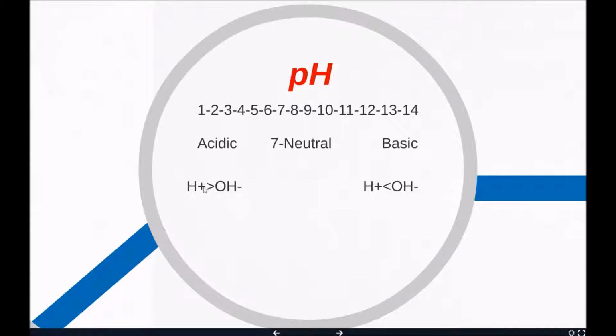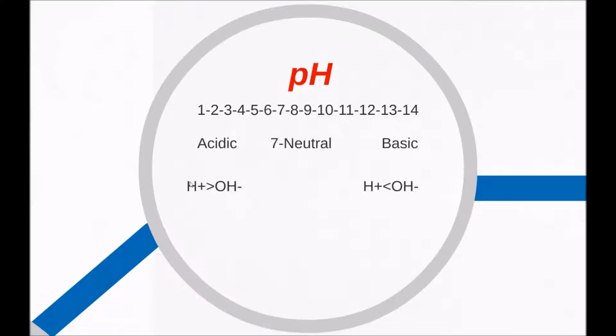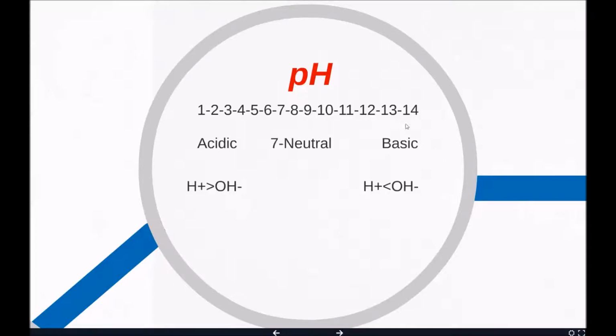So, as seen here, there are more protons than there are what are called hydroxide molecules, and this is when the water molecules are split apart and you get H plus, which is just the hydrogen atom without its electron, which is just a proton since it only has one electron in the first place. And at its most basic form at a level of 14, there are more hydroxide molecules than there are protons.